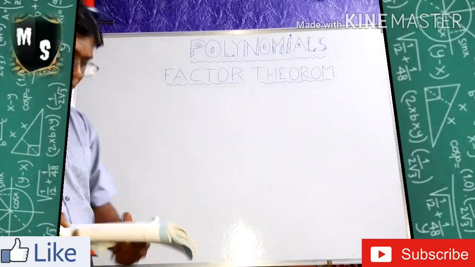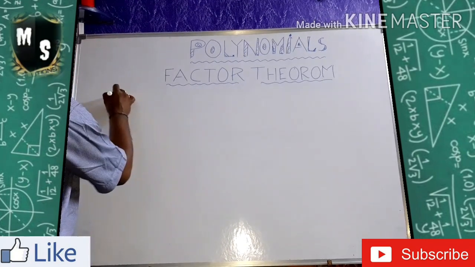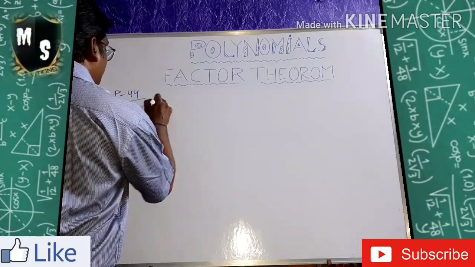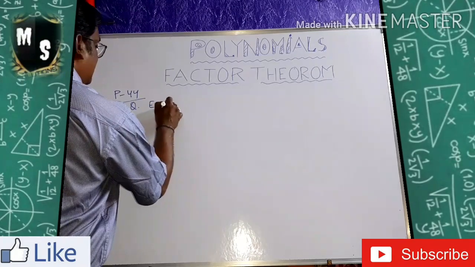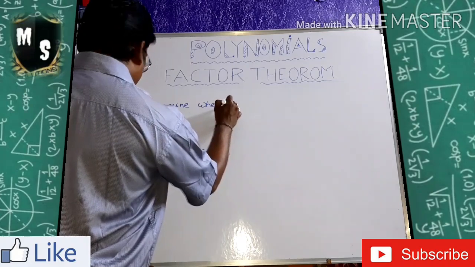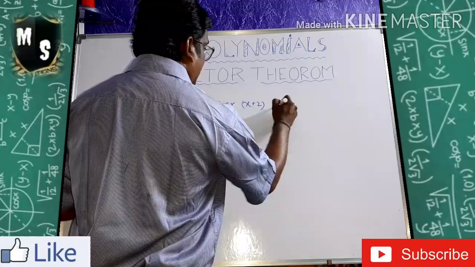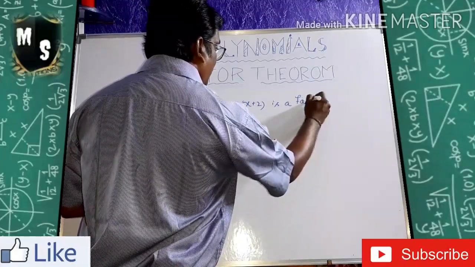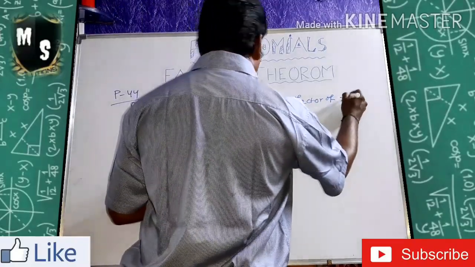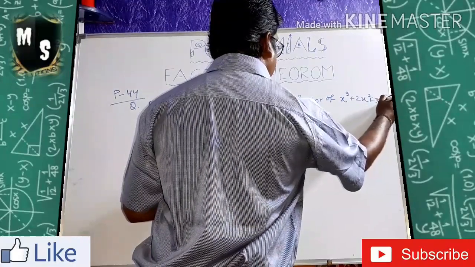Now come to some sums. I am doing page number 44. One sum is given to you, by which you can understand it nicely. Examine whether x plus 2 is a factor of the polynomial given to you, x cube plus 2x square plus 3x plus 6.